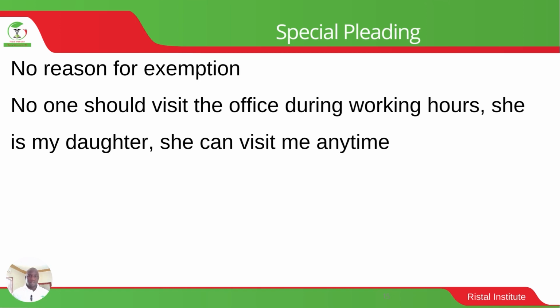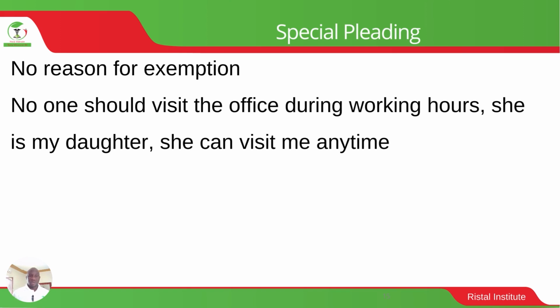So your boss accepts the daughter to come because she is his or her daughter. They are not providing any particular reason as to why the daughter has to meet them during working hours, just because it is their daughter.